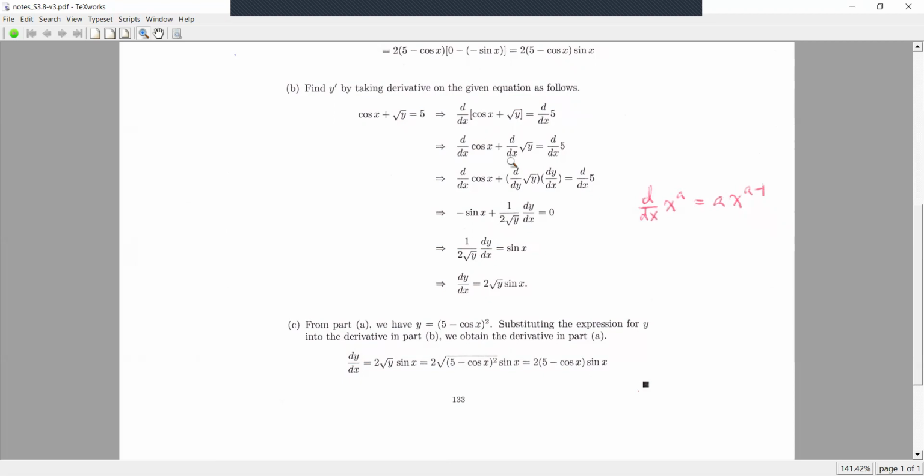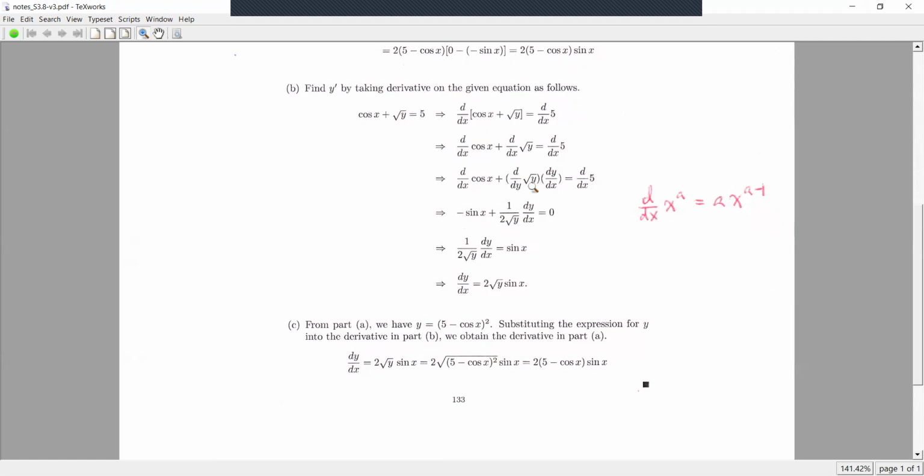Before we can compute this derivative, we need to apply the chain rule. Insert dy in the denominator and dy in the numerator. If we cancel dy, then we get back here. So, by the chain rule, this derivative is this derivative times this derivative.